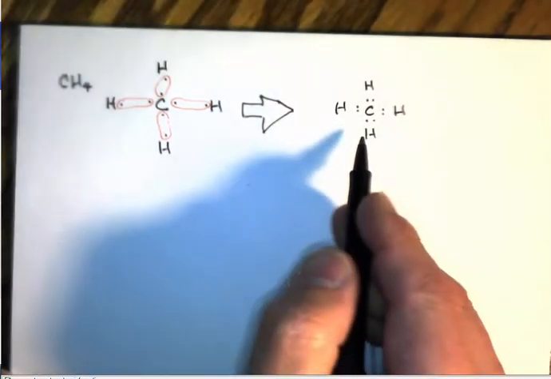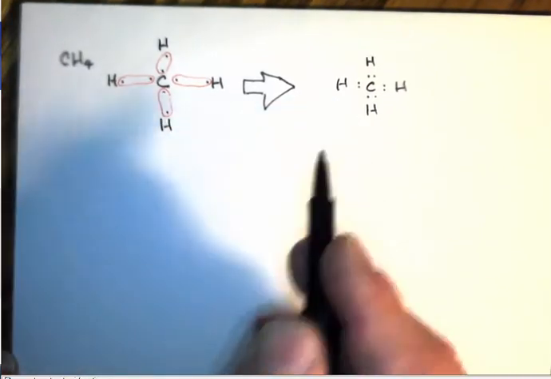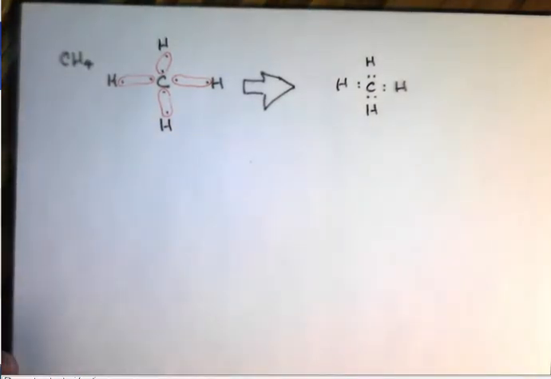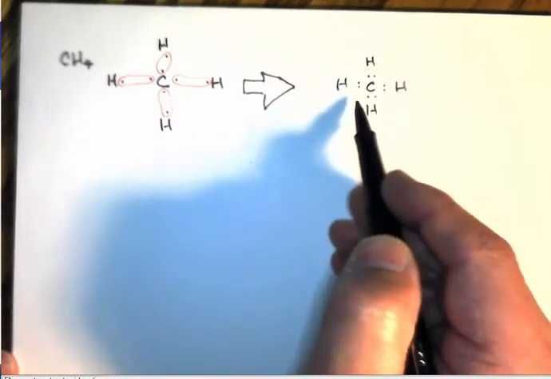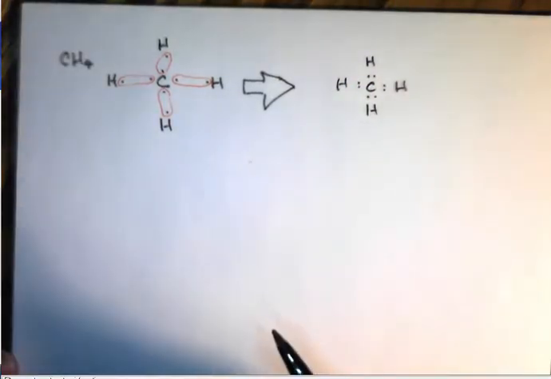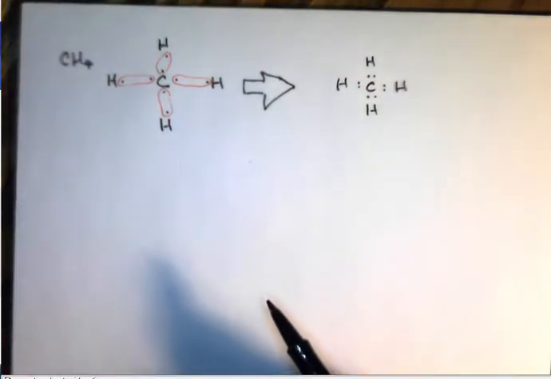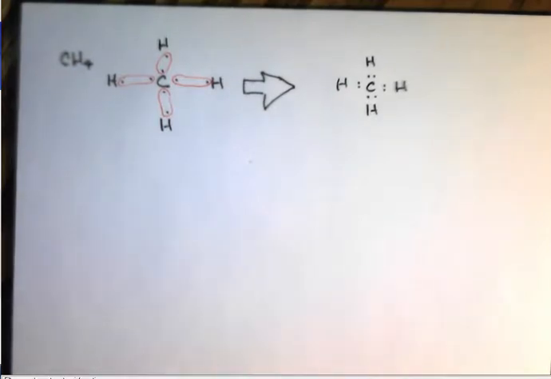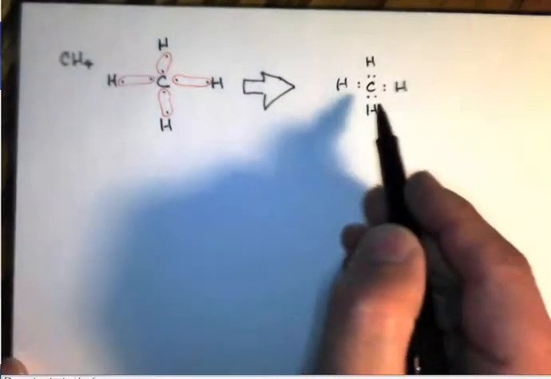Then I want to do electron dot formulas to show how we hybridize carbon, the central atom here, in order to get this molecule to do what it does, to be able to bond 4 times with carbon.